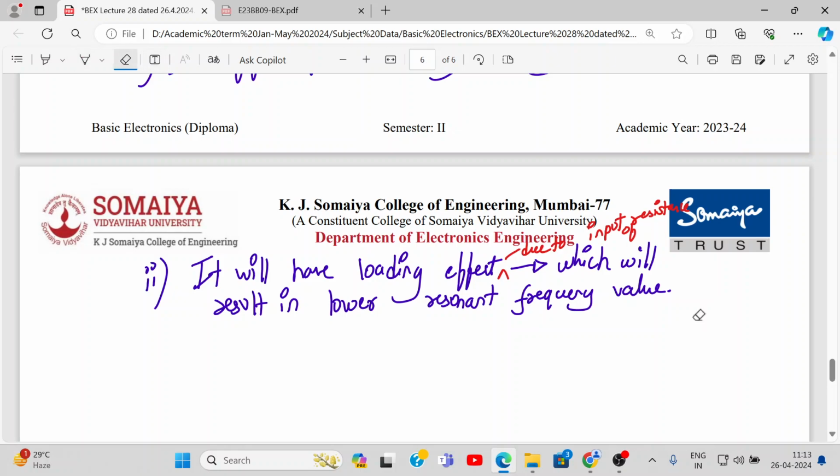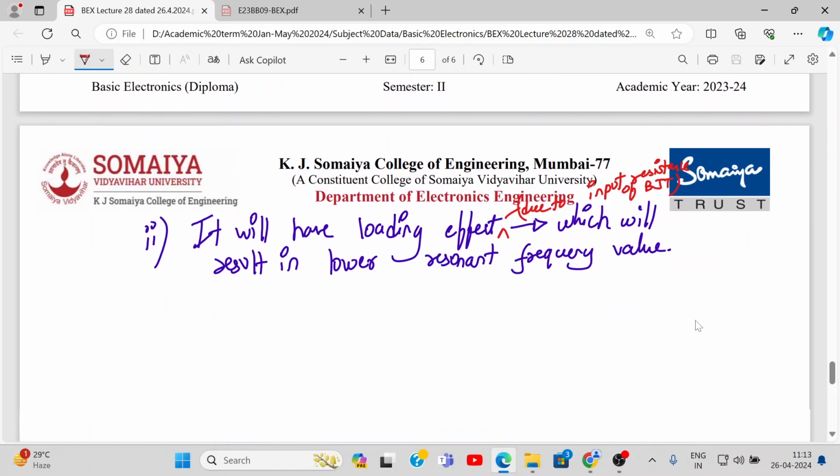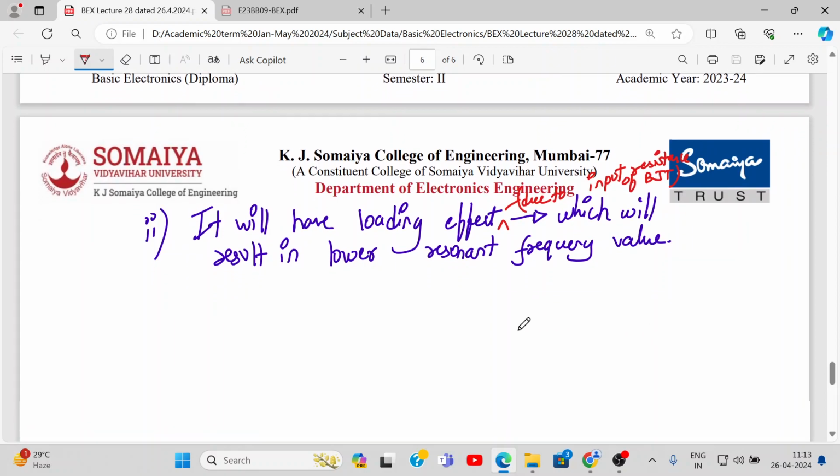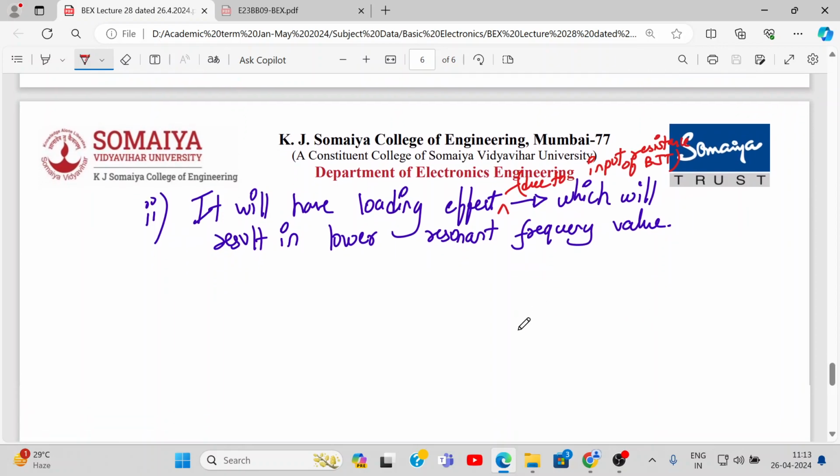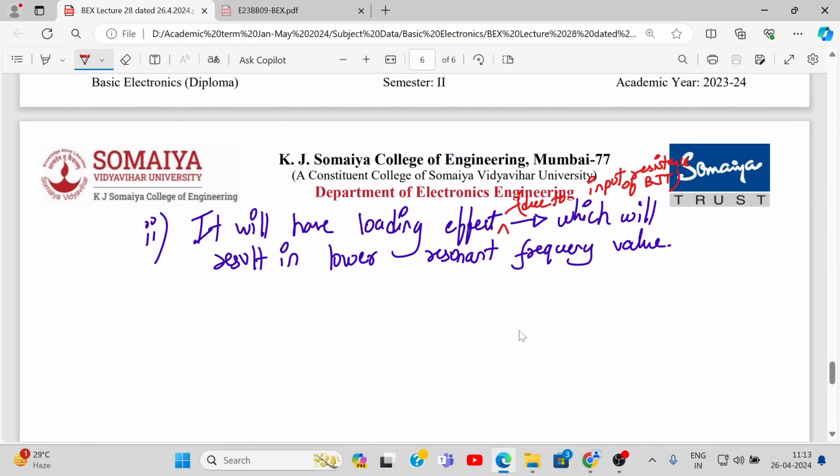You will understand this point after you are mature enough to understand the input impedance of the BJT, but it will have a loading effect problem which will result in a lower resonant frequency. And there is a third point also: it has a low quality factor. Now, quality factor has not been taught, so I am not writing it.